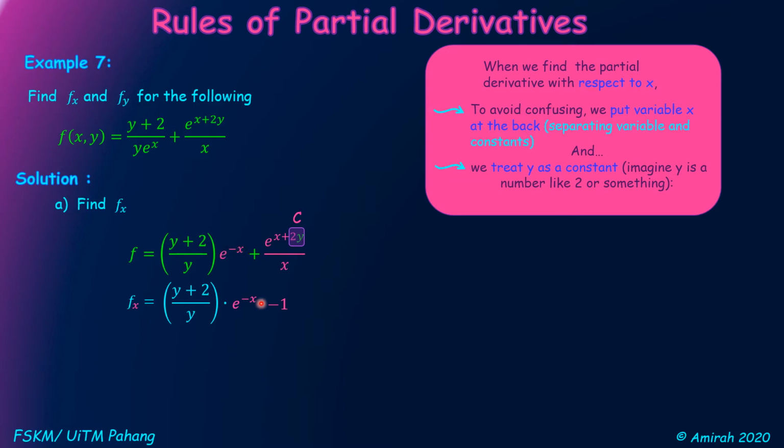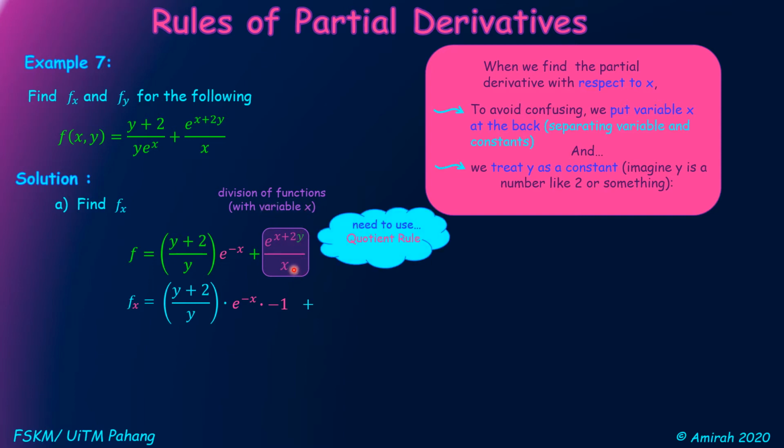And then plus. From here, we have variable x in the numerator and variable x in the denominator, which means this is a division of functions with variable x. So to differentiate, with respect to x, we need to use the quotient rule.